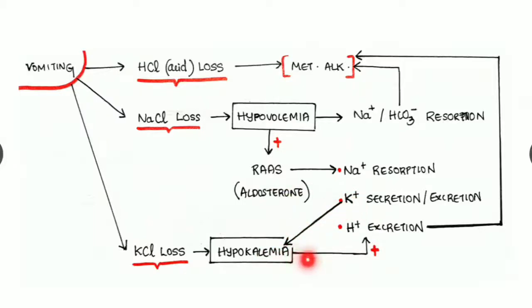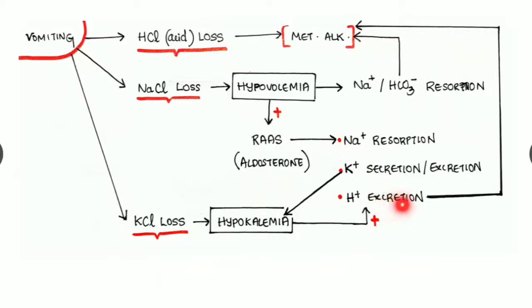And this hypokalemia itself stimulates this H+ excretion. And in both ways, this H+ is excreted, and as a result of excretion of the H+, which is the main acidic agent of the blood, as a result of its removal from the body, it causes metabolic alkalosis.